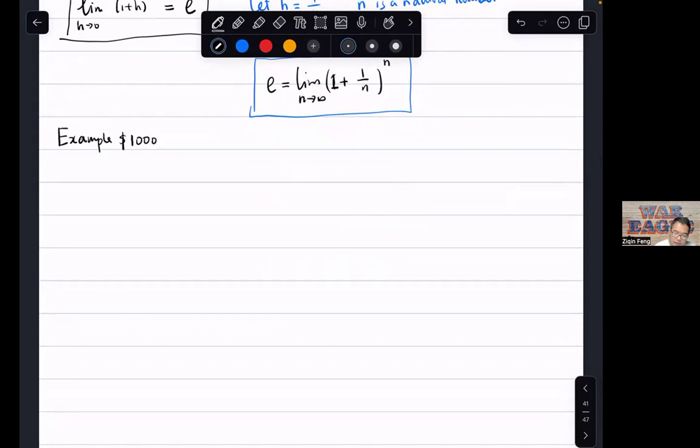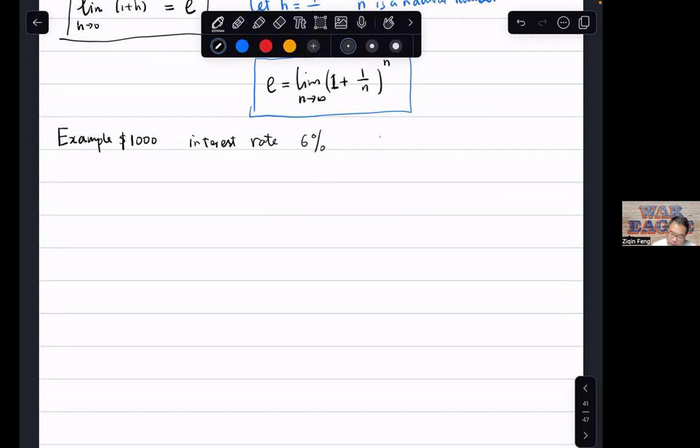So we start from $1,000 and we have an interest rate. If you put money in a bank, you will be paid some interest, right? The yearly interest rate is given by 6%.